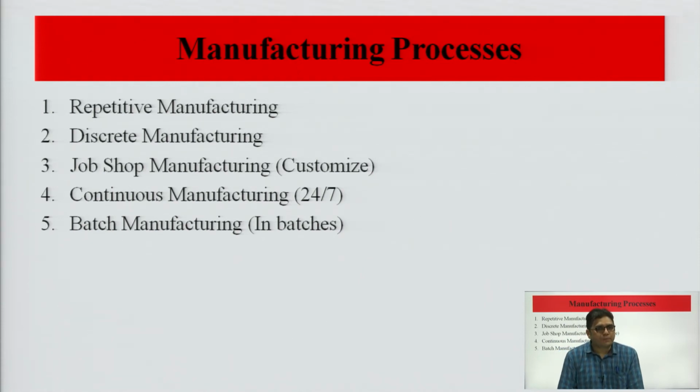Now, this process is useful for those products which are always in higher demand, and companies are sure that their demand is still high and is expected to remain high in the next few years. So, companies continuously keep on producing these.